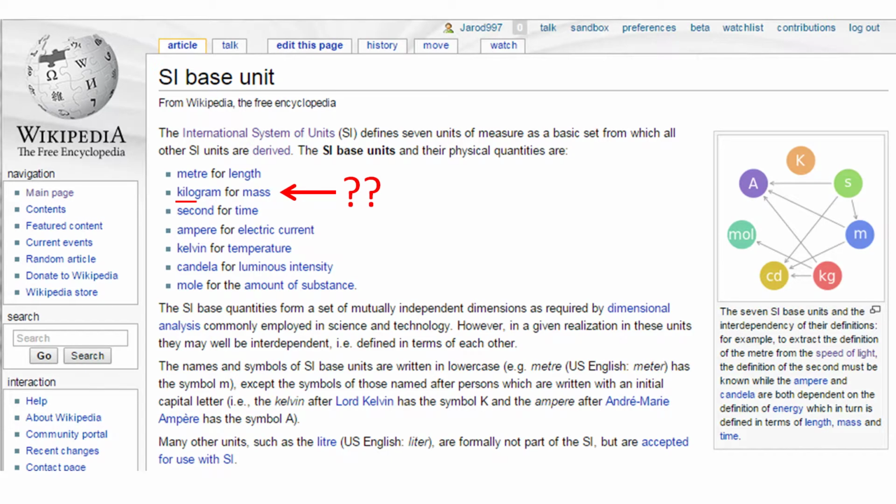Okay, but if we go back to the base unit, you say, I saw the word kilogram. Isn't that not the base unit? The base unit should be a gram? Well, yes. The answer is kind of complicated, and it goes back a few hundred years into, I believe, society in France. For the purposes of this video, the kilogram's the base unit.